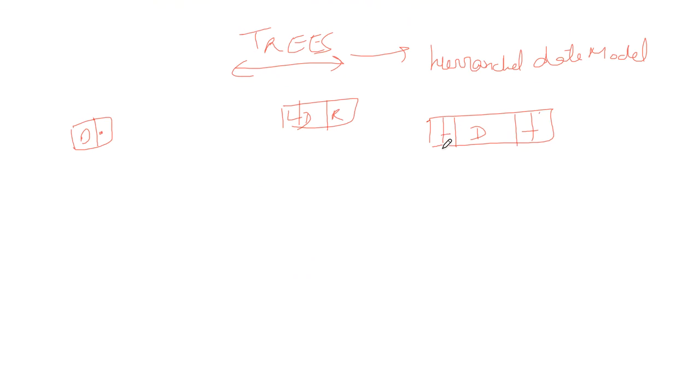We'll study other kinds of trees as well, where a node can have more than 2 children. Those are called generic trees, but we will study that after we are through with the concepts of trees by applying them on binary trees, because most of the concepts on binary trees are sufficient to help us understand generic trees as well. So right now we are concentrating only on binary trees, where every node can have a maximum of 2 children, determined by the left child and the right child.